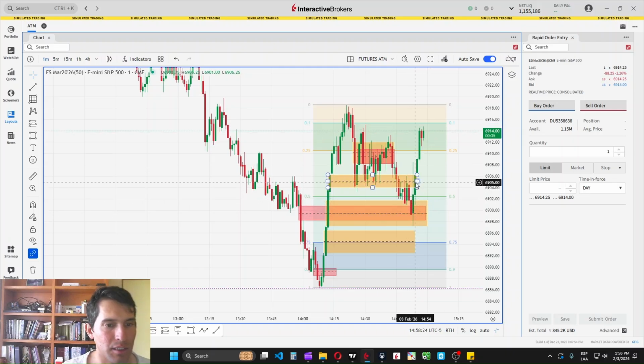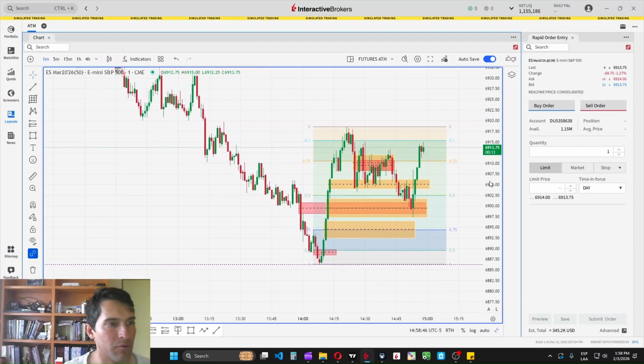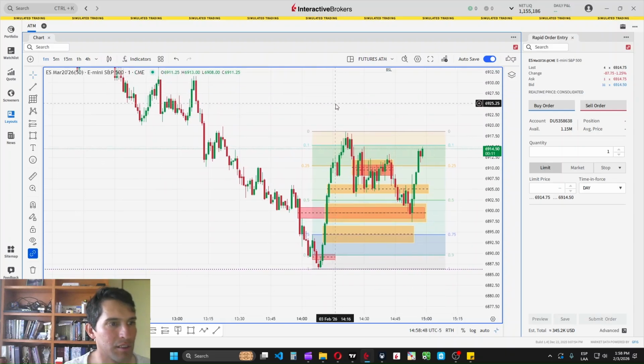As you can see here, I also have this fair value gap right here. So I entered here because we close in the upper half of this fair value gap, and I expect price to go with a lot of speed to the upside. So let's see if I can get the run to the target, which is in this area right here.